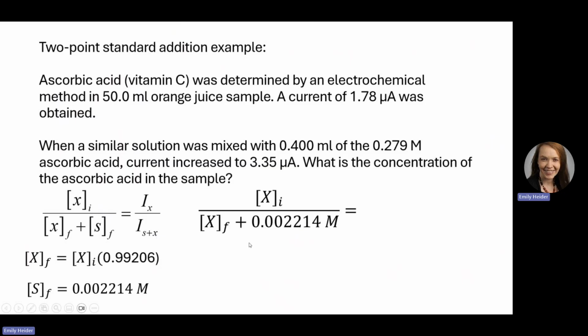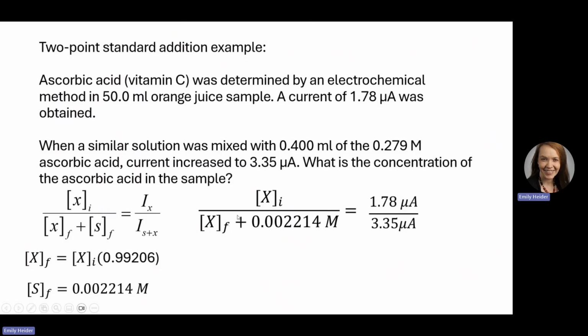So if we look carefully back at the problem, the orange juice without any added standard had a signal of 1.78 microamps. And after we added standard to it, it was 3.35 microamps. And that ratio is going to be proportional to the initial amount of ascorbic acid to the total final amount of ascorbic acid, which was the amount in the orange juice after dilution, plus the amount of standard that's present.